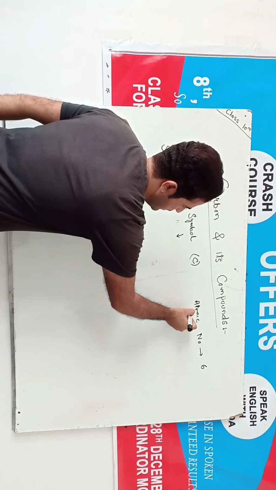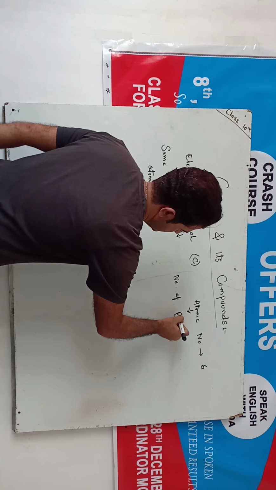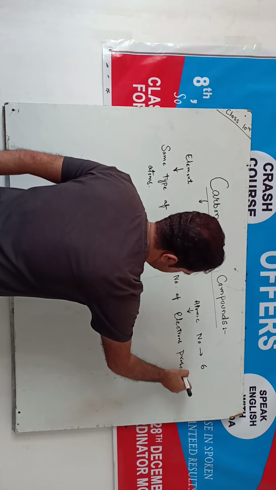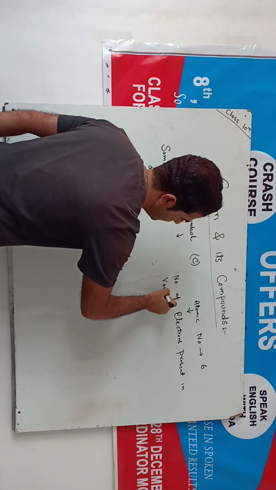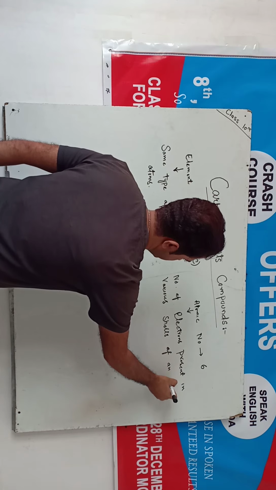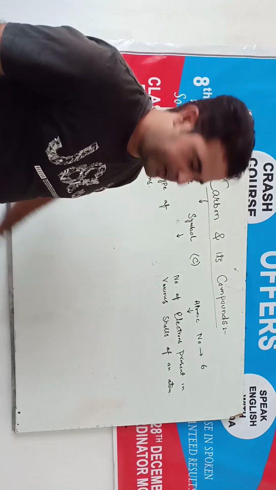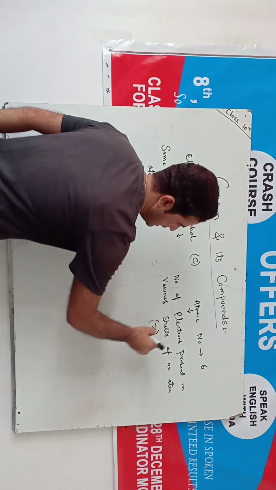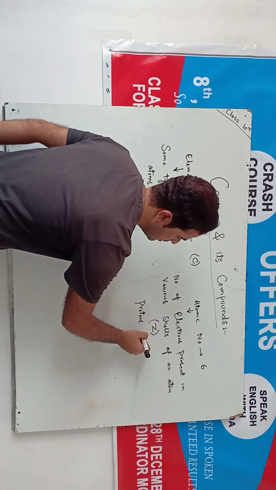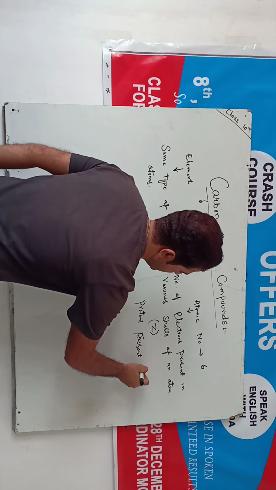Atomic number is basically the number of electrons present in various shells of an atom, and it is denoted by Z. The basic definition of atomic number is the number of protons present in the nucleus of an atom.